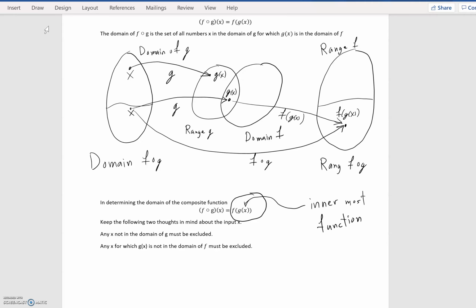So any x not in the domain of the innermost function has to be excluded, and you also need to exclude the values of x for which g of x is not in the domain of f. So we're taking functions, plugging in an input, taking that and plugging it into another function.